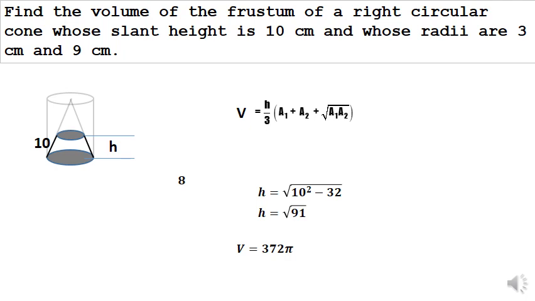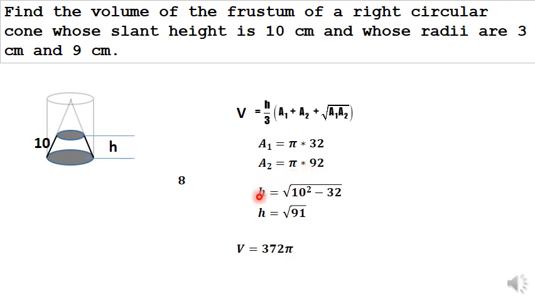So we compute the volume using the same formula for this frustum. We have to compute first the area of the upper base, pi r squared. So we have pi, and the radius is 3, squared. For the second area, which is the lower base, pi, the radius is 9 squared.